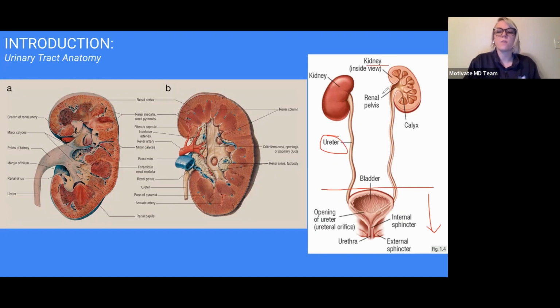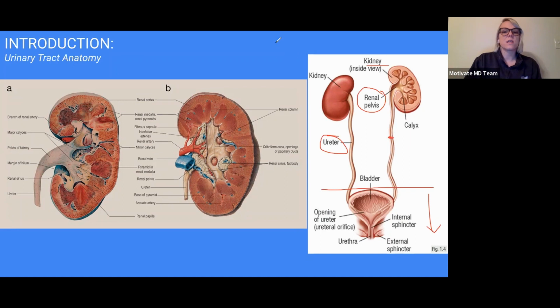When we talk about the kidney, we talk about the renal pelvis, because we know that in the renal pelvis there are structures that can become infected. That's called pyelonephritis. There are lots of different things that can occur in terms of pathology that's not necessarily an infection. For instance, in the ureter, we can get kidney stones. That's called nephrolithiasis.